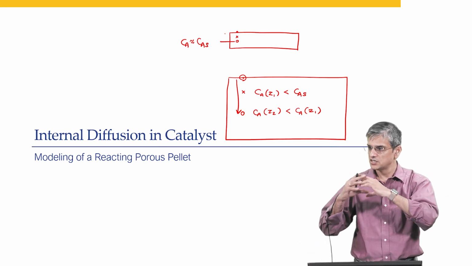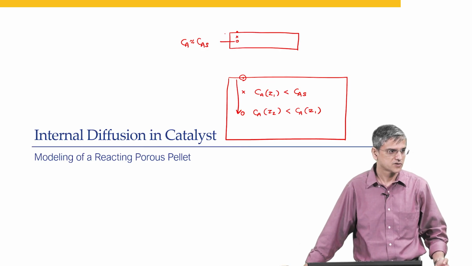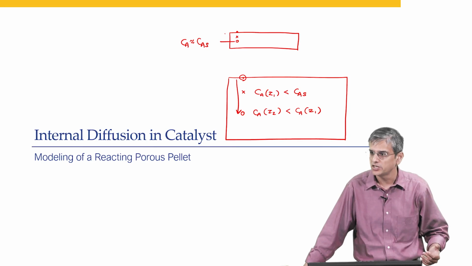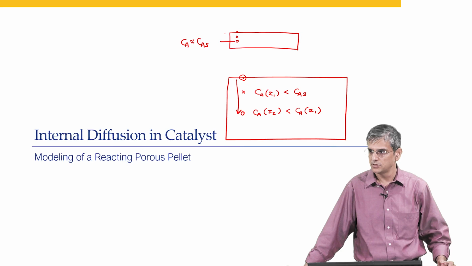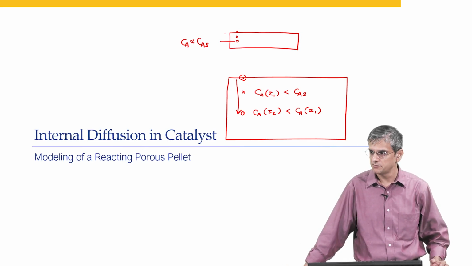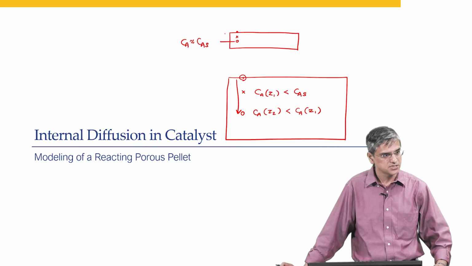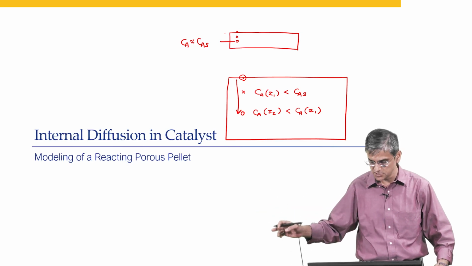If it is a wash coated catalyst, you will do one more analysis independently. Whereas if you work with non-dimensional quantities, the algorithm remains the same. The expressions may or may not be the same, but the algorithm remains the same. An example of the expression remaining the same is the generalized Thiele modulus. We'll come to that at the end of this lecture.